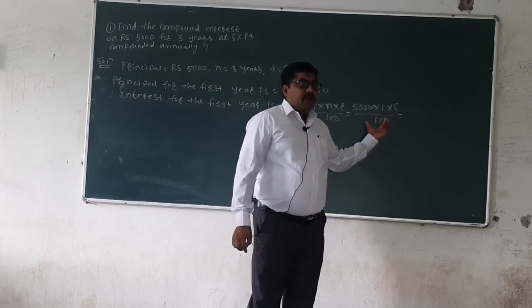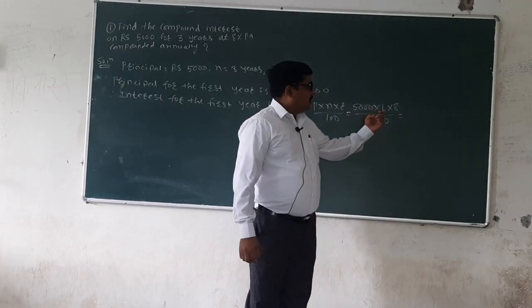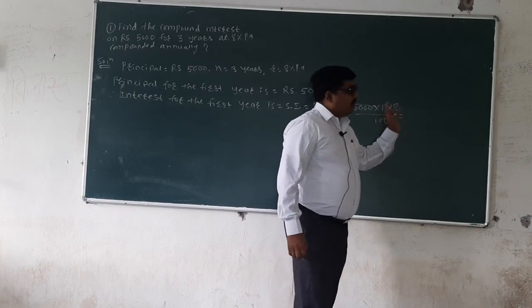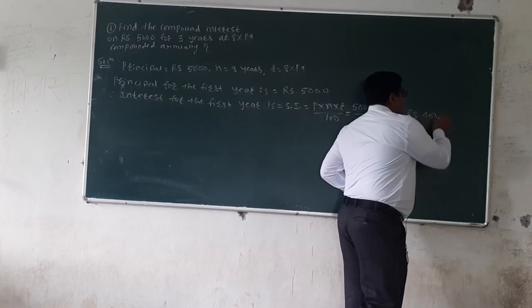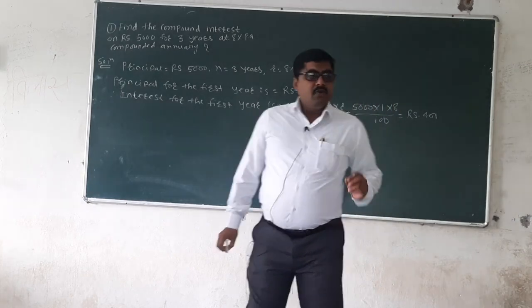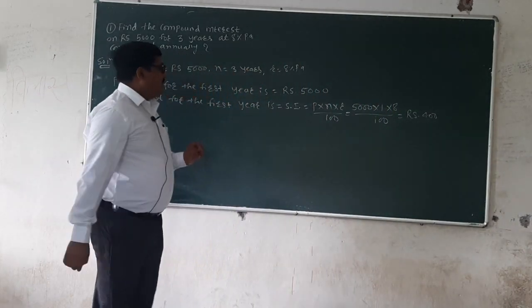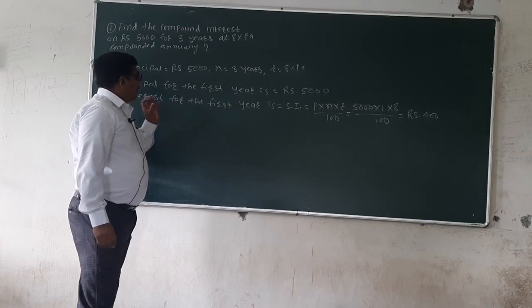Then 5,000 divided by 100 is 50. 50 into 8 is rupees 400. So this is your simple interest for the first year when you have principal rupees 5,000.